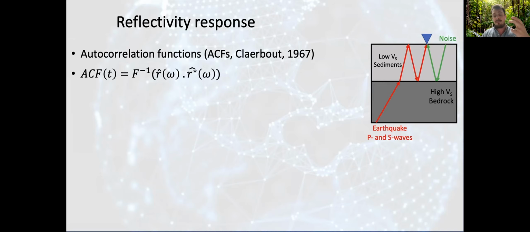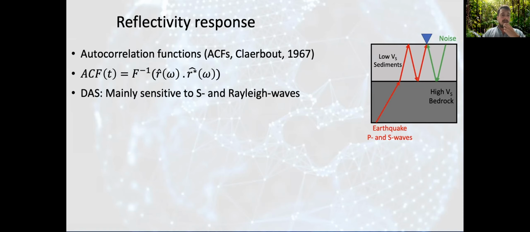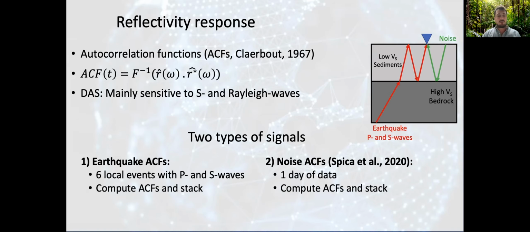And what you have to do in the frequency domain is just multiply your signal by itself. So, in order to go a bit quicker, because I only have 2 minutes left, I will show you some results from autocorrelation with both noise and also earthquakes.